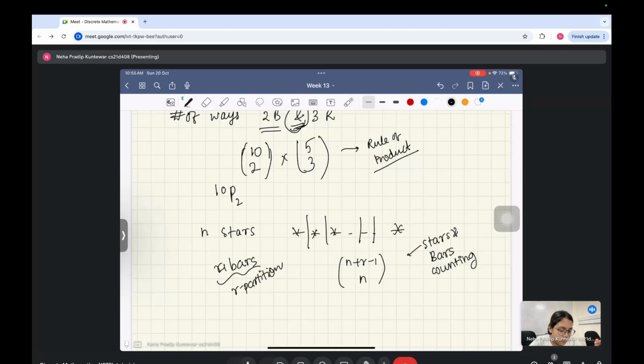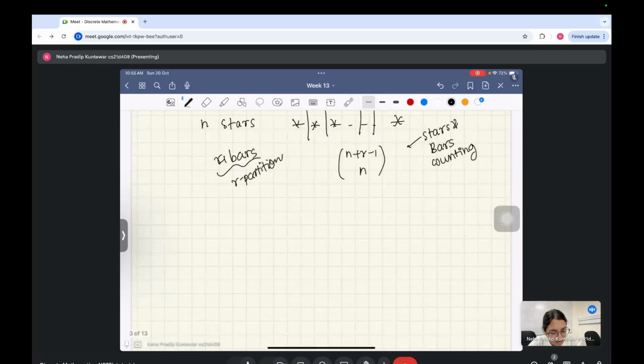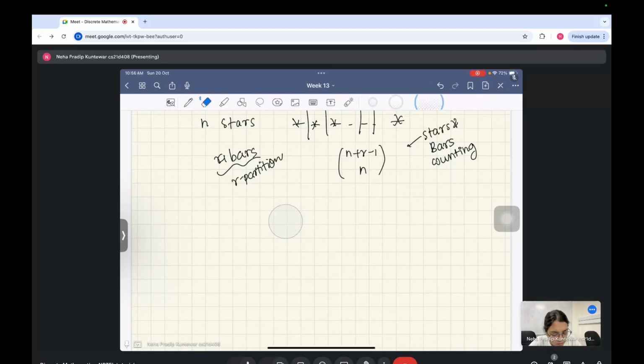The way to see this is not very difficult. Think of this as a string of length n plus r minus 1. So you have n plus r minus 1 spaces, and you fill each of them with either a star or a bar.